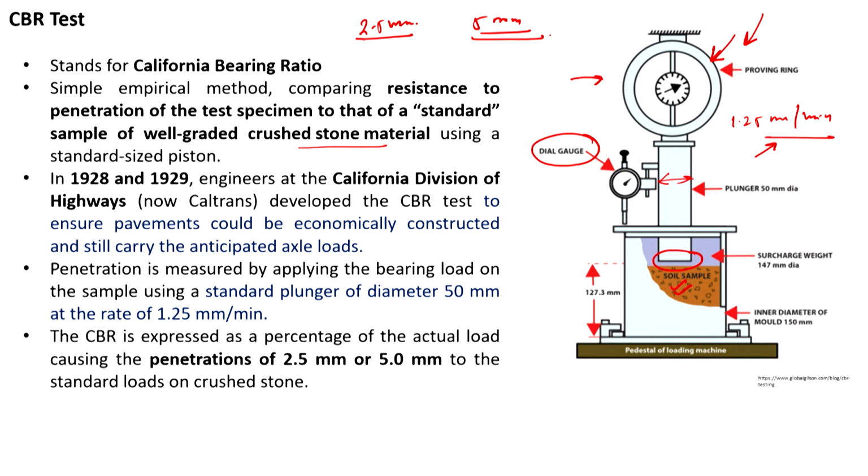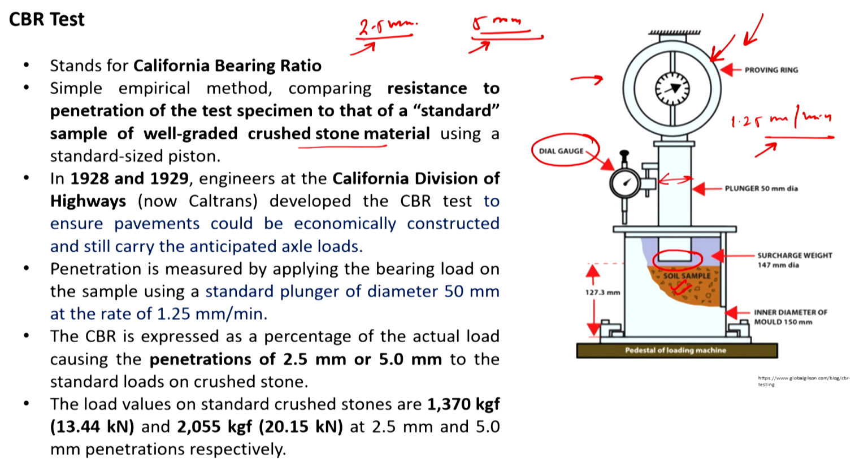So, these are standard values, and then in our soil sample which we are going to test, we will see what that particular load or pressure is corresponding to 2.5 mm penetration and 5 mm penetration, and then we will compare these values with the standard values, and the ratio of these values is the value of the CBR. So, CBR is P by PS, where PS is the standard value, times 100 in percentage.